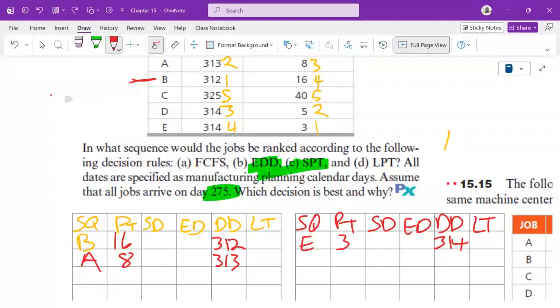Then number 3, this one, D, and its due date is 3/14, and the process time is 5.